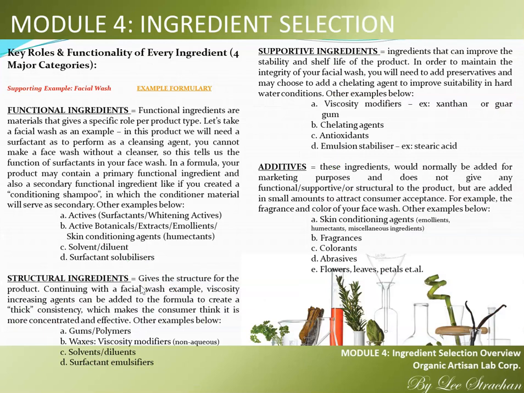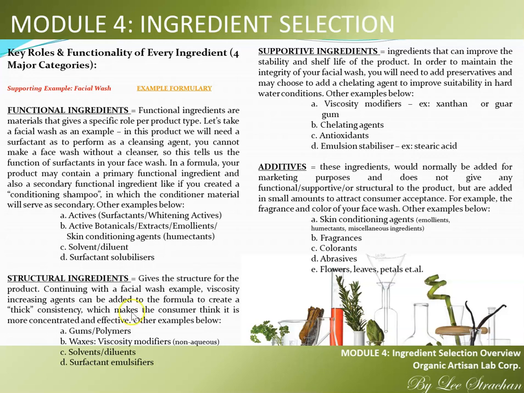Moving on, let's talk about the key roles and functionality of every ingredient in a formula. There are 4 major categories. So these 4 major categories include functional ingredients, structural ingredients, supportive ingredients, and additives or added extras.